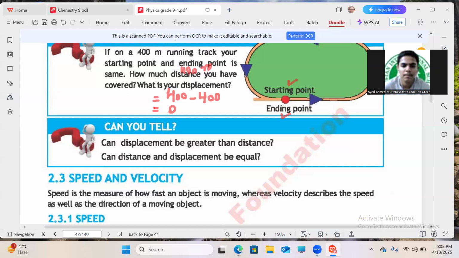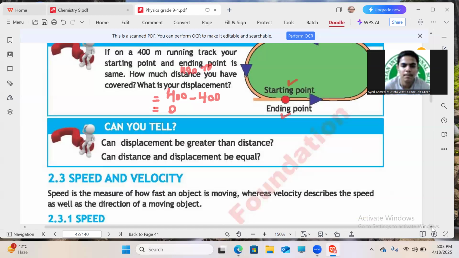Where is question number 3? Can distance and displacement be equal? Just now we explained that it is either less than or equal. Yes, they can be equal. What possible reasons can be given for this? Think of going from point A to point B in a straight line.